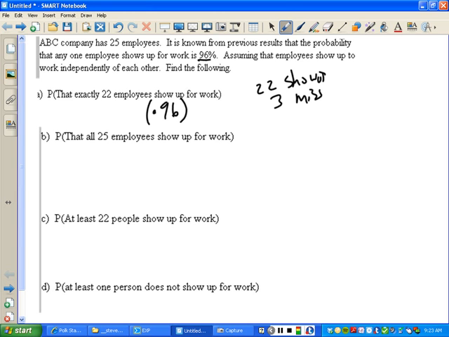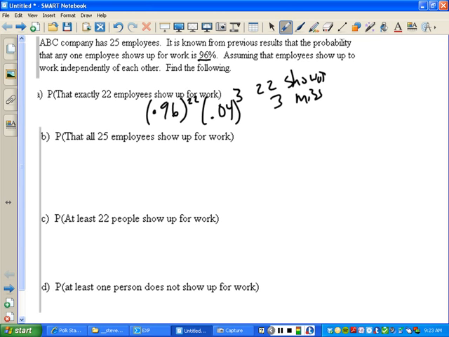That's one person showing up. How many people do we want to show up? 22. So it's 0.96 to the 22nd. Now, what are the chances somebody doesn't show up? 3 of them won't, but what's the probability they don't? 4%. So 0.04 to the 3rd.